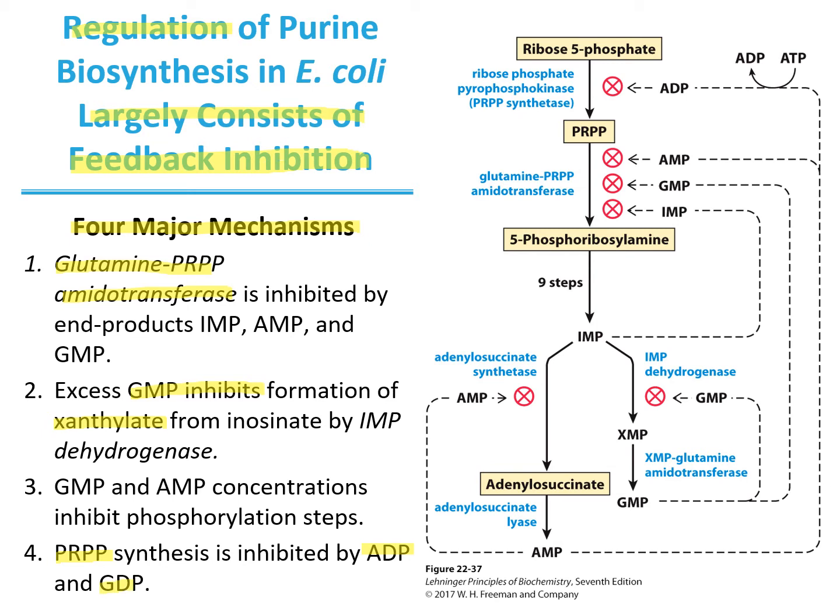So any of these final products or one of the intermediates as well can loop back to one of the main enzymes and cause the inhibition of that enzyme. And the most important or the committed step is this amidotransferase. So that is usually the control point of the pathway.